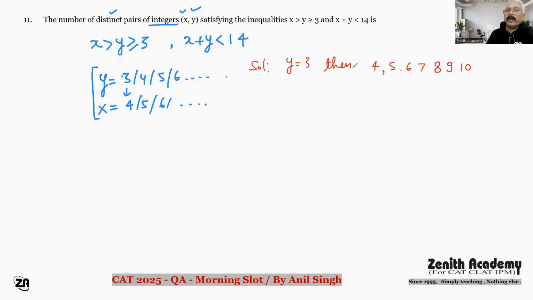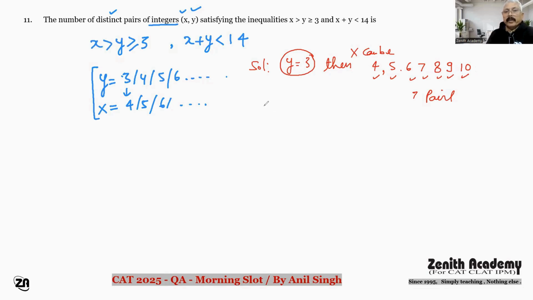So x can be 4, 5, 6, 7, 8, 9, 10. So if you are taking y equal to 3, then there are 7 pairs possible.